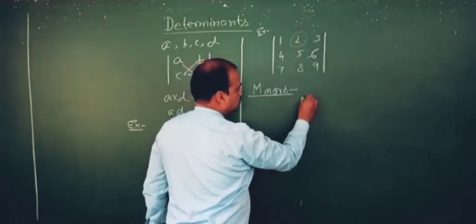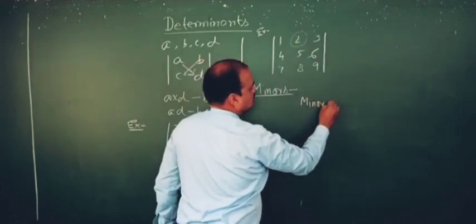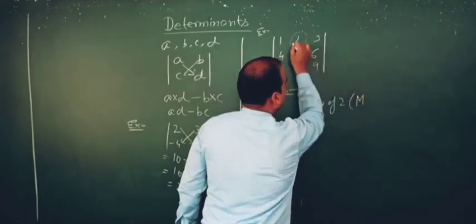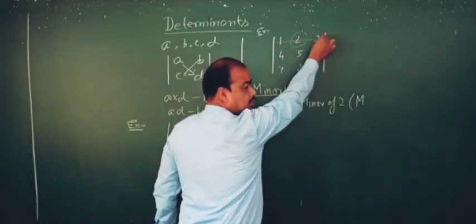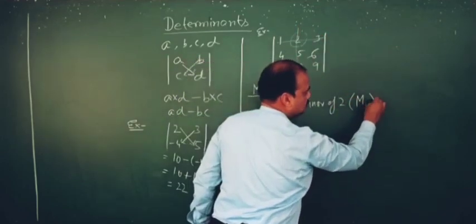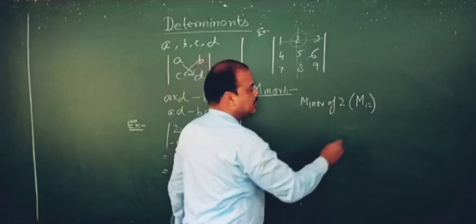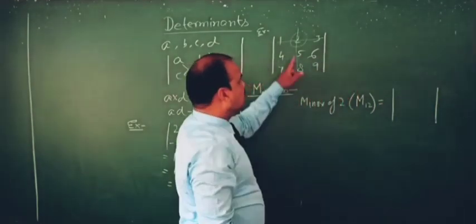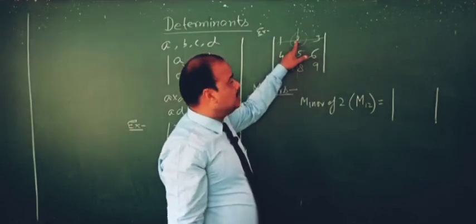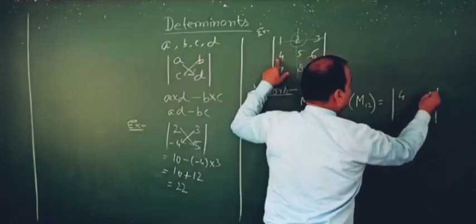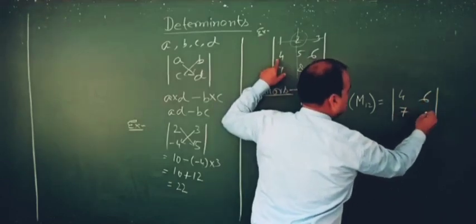So minor of 2, it means M12, first row and second column. So M12 equal to the value of minor of 2 equal to 4, 6, 7, 9.